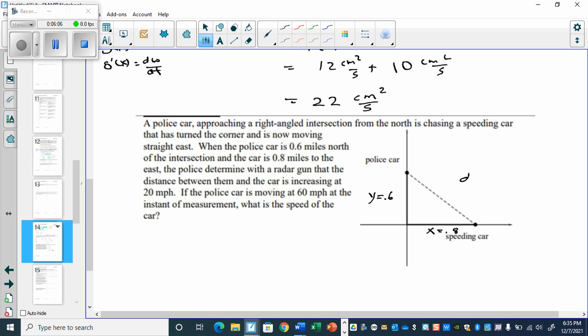So this distance over here, we'll call it R, whatever you want to call it. So dr/dt is 20 miles per hour.